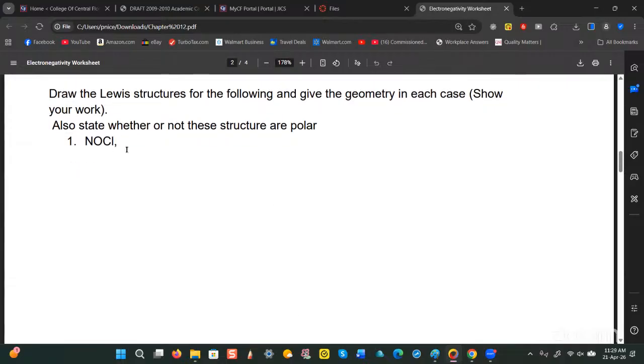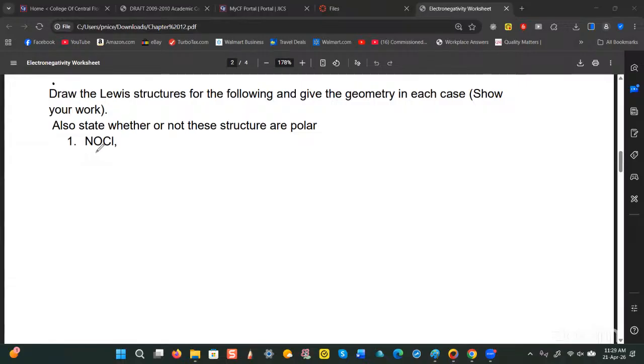In addition to the Lewis structures, we're going to get into the geometry, which I think we discussed as well. No, did we? Maybe not. I'll get to that, but that was covered in the videos as well. So let me deal with the Lewis structure first.